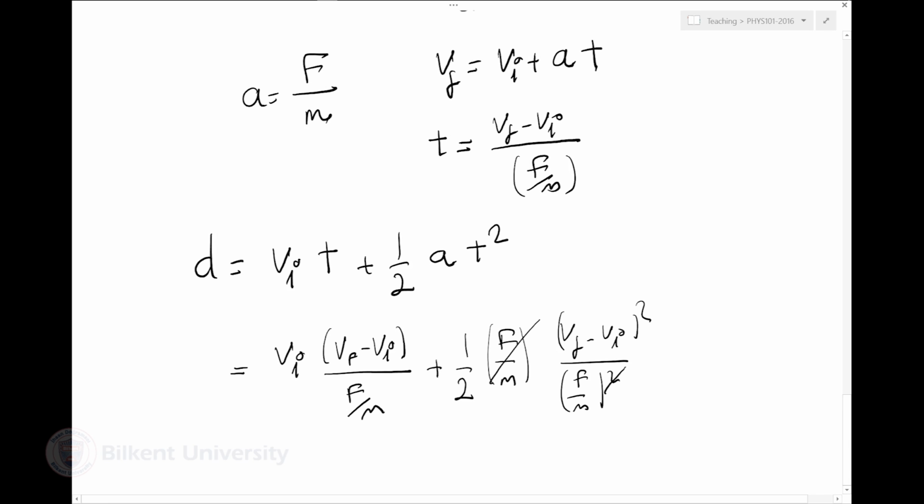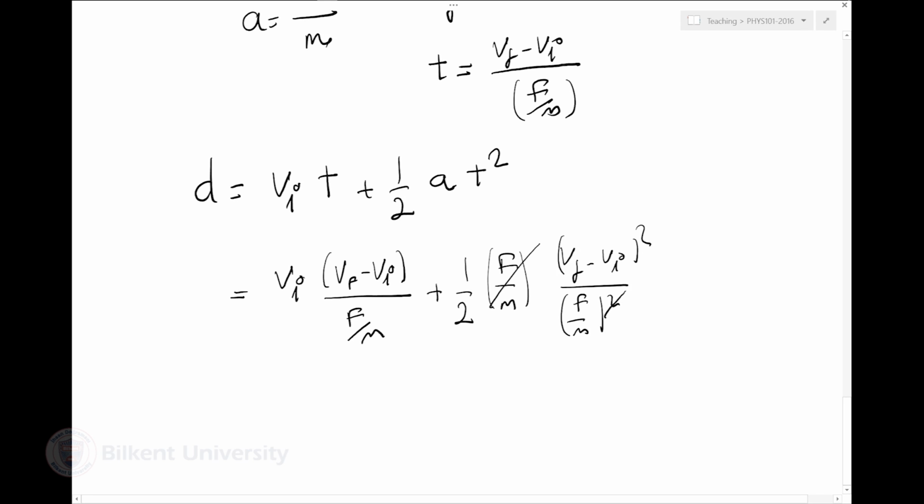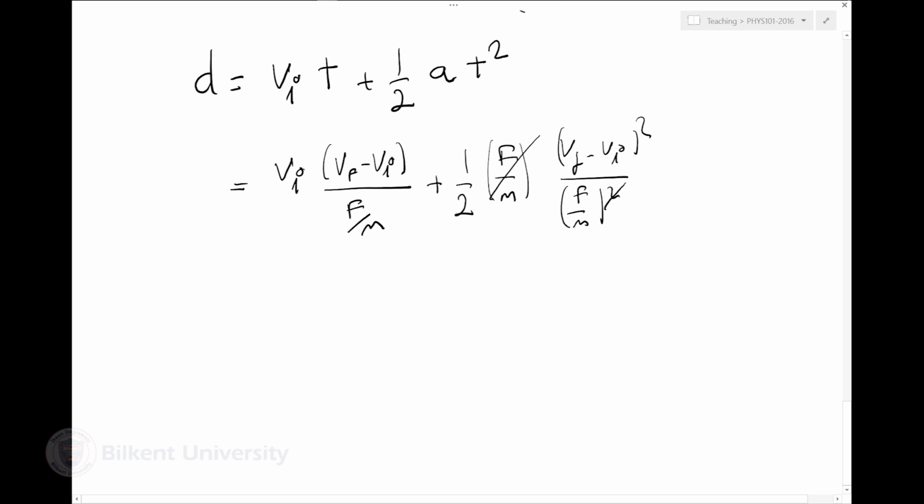One power of F over M cancels. So here is what I have. F over M times D is Vi times Vf minus Vi plus 1/2 Vf minus Vi, let me do it like that, squared.